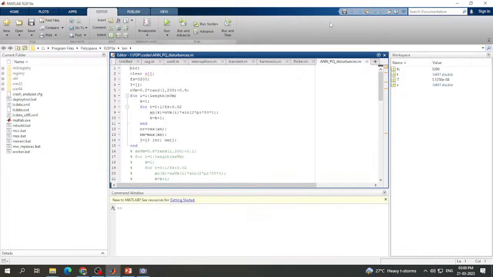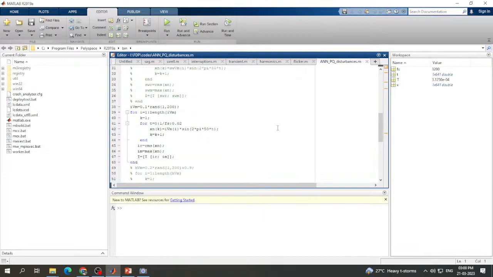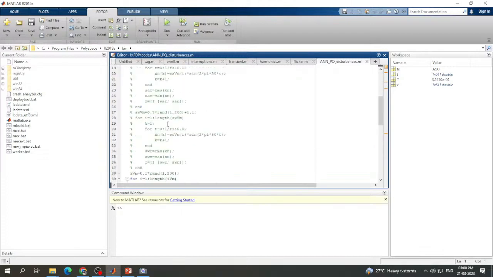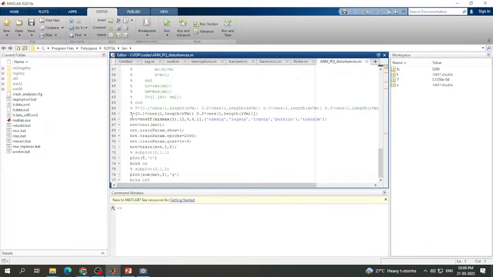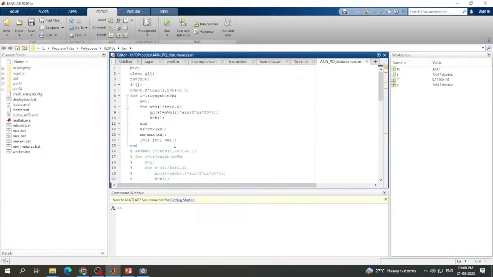The next one is the interruption signal whose magnitude changes from 0 to 0.1. These two types of disturbances I am going to separate using this ANN structure. So let me explain. Firstly, using some sampling frequency, you have to discretize the continuous signal.